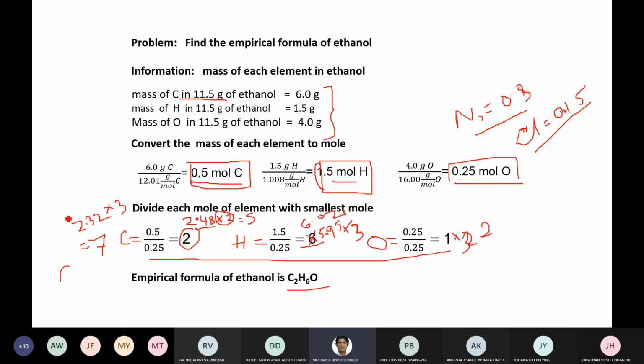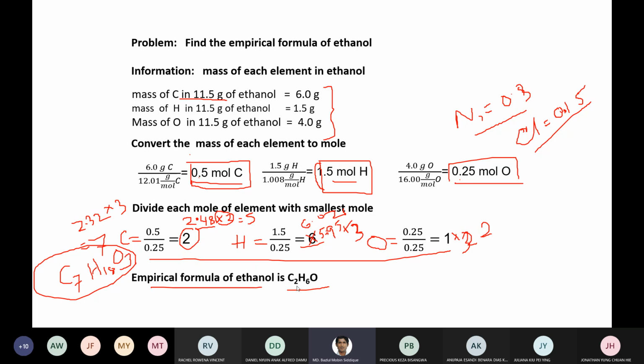So in that case, C will be 7, hydrogen will be 18, and oxygen will be 3. So this is how we should find out the empirical formula.